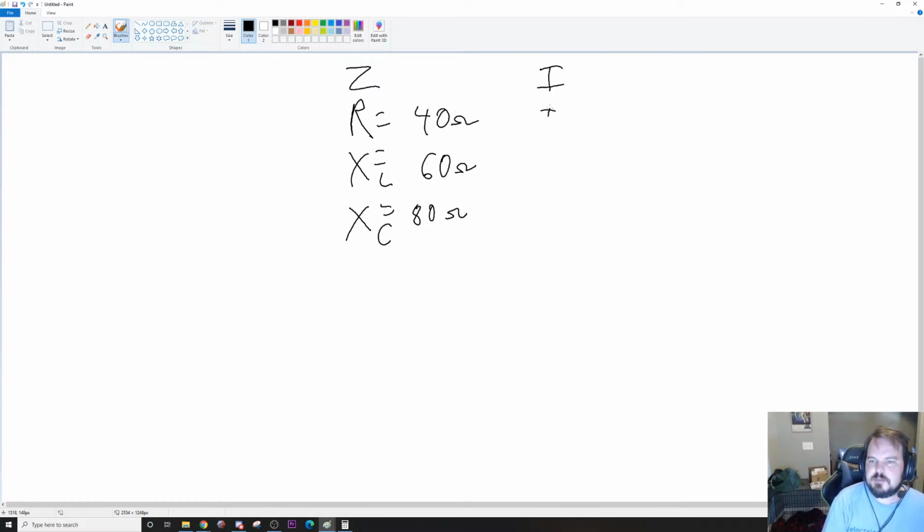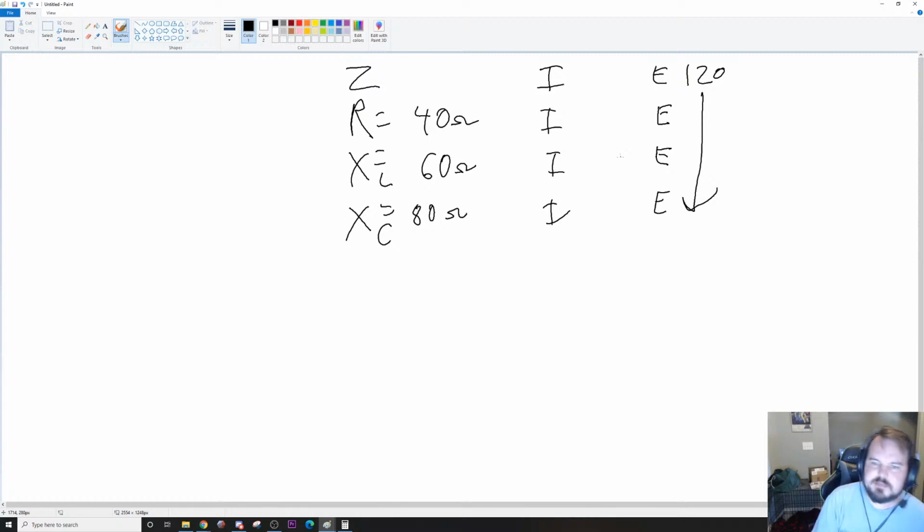We don't know any of the currents. We know E, and it was 120. And it's just 120 all the way down.